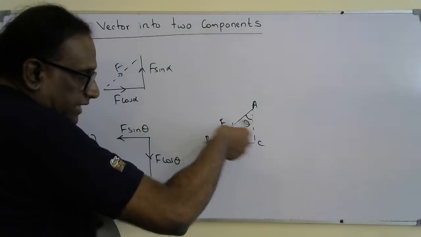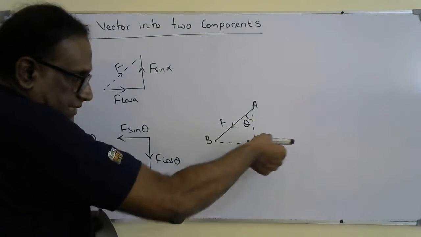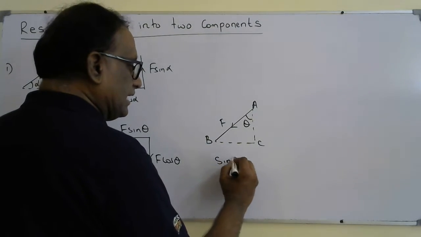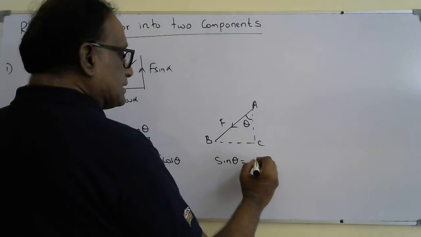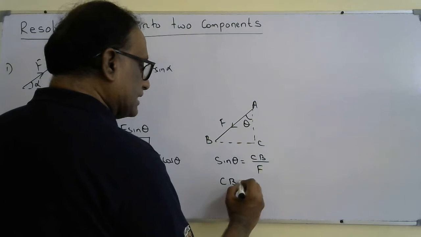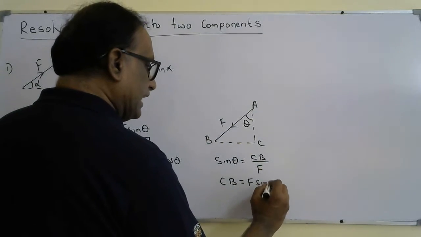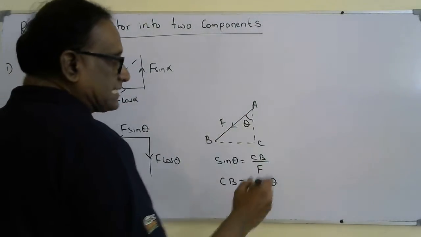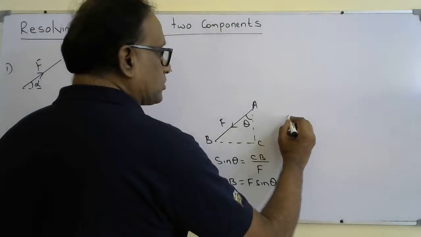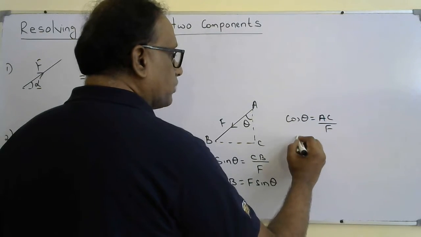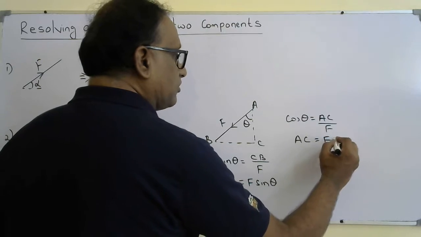Sine theta equals CB over F, so CB equals F sine theta. The vertical component is the length AC. Cos theta equals AC over F, so AC equals F cos theta.